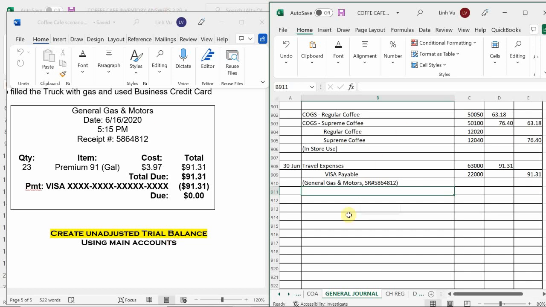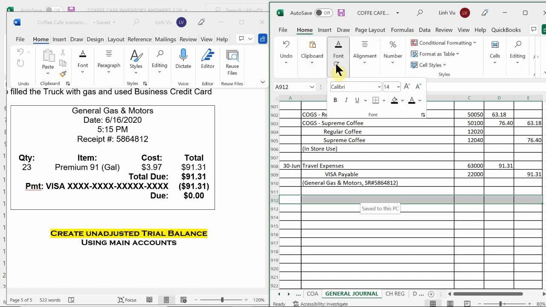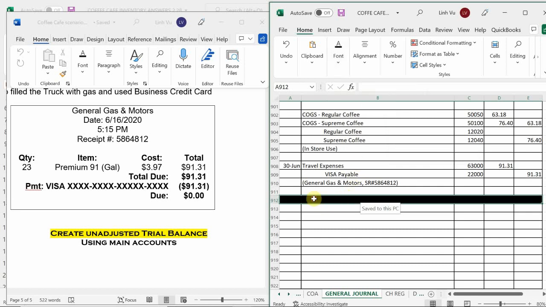All right, so let's go ahead and make our line here to block off this section so we know for a fact that we're done with our journals.